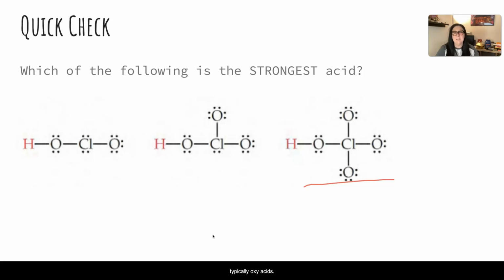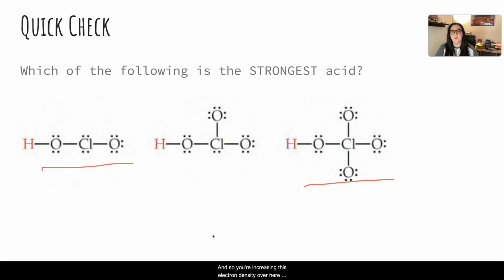Typically, oxyacids, the more oxygens you have, the stronger your acid. So the more oxygens in your oxyacid, the stronger your acid is. So this is perchloric acid, very strong. Very, very, very strong. So this guy's very strong compared to like this guy over here. He's a pretty weak acid.